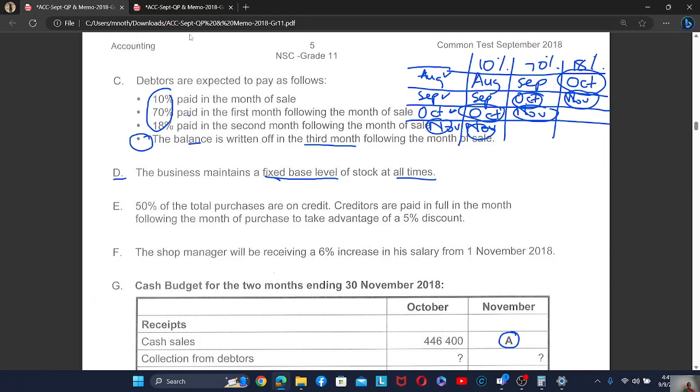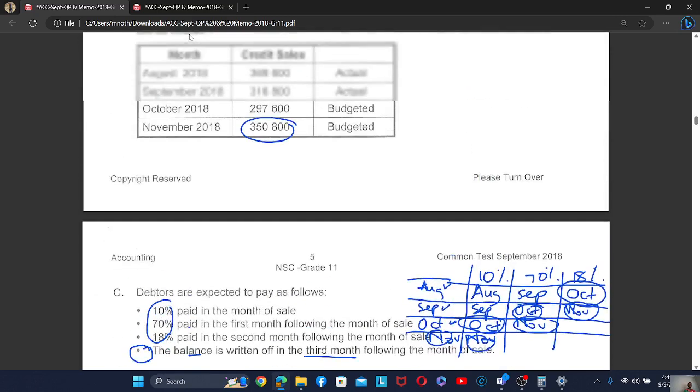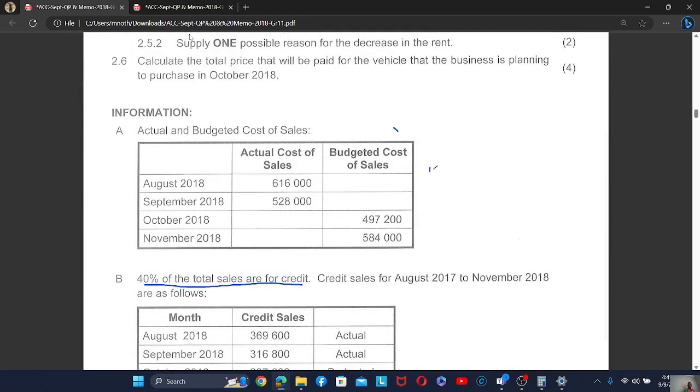Then you usually calculate cost of sales, but we are already given the cost of sales. You see? They are already given.